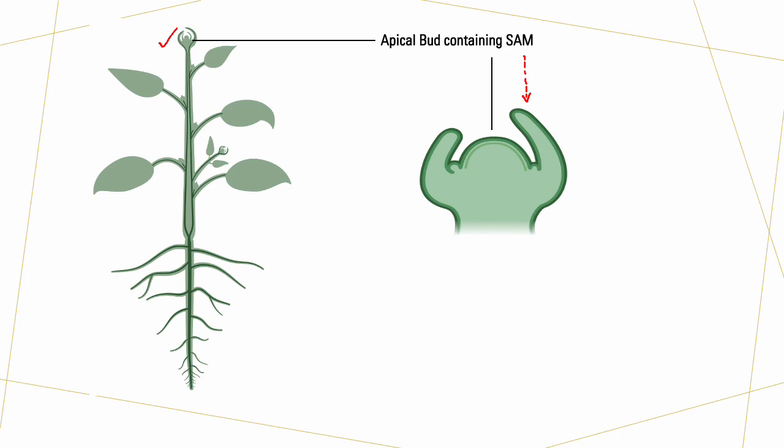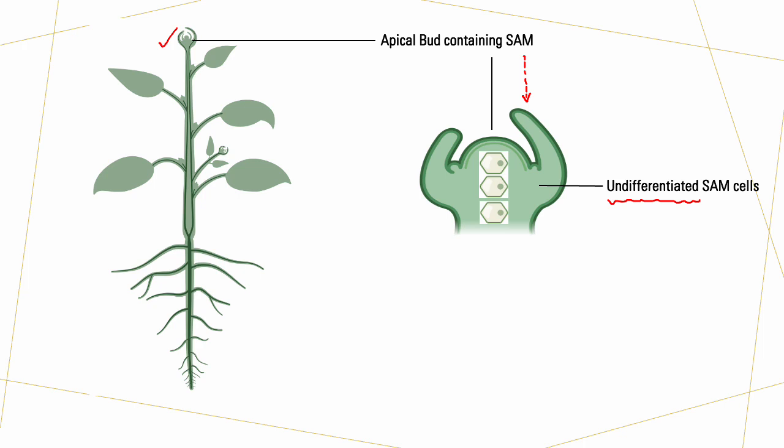Now, the SAM is full of n number of cells which are undifferentiated. This is a keyword which everybody should know, that the SAM contains a lot of undifferentiated cells. By undifferentiated, we mean that these cells do not know what they are going to form in future. They need certain signals to know that they will form a part of the shoot or the root system.